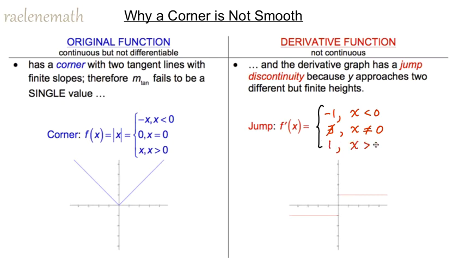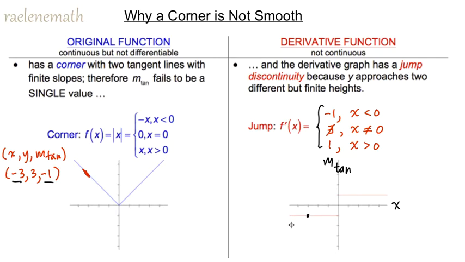Now we can see this on the graph over here. If we plot a point on the original function at -3, 3, we can see that there's a tangent line here when we zoom in, which is the same as the original line, and that has a slope of -1. So I'm going to plot the ordered triple as x, y, m tangent. And if I pick out the x coordinate and the m tangent value, which is what I plot in the derivative function, I'm going to plot the ordered pair -3, -1 over here.